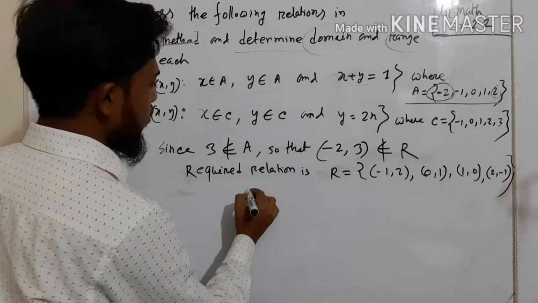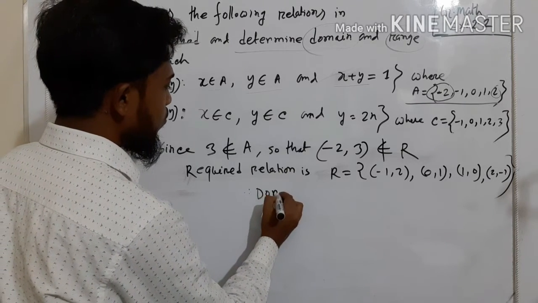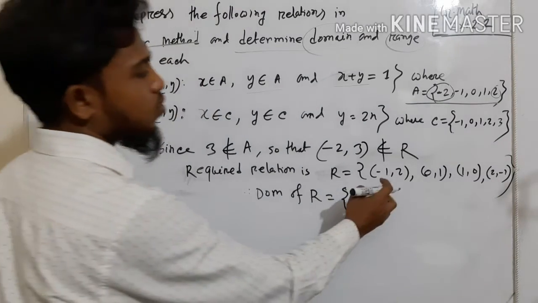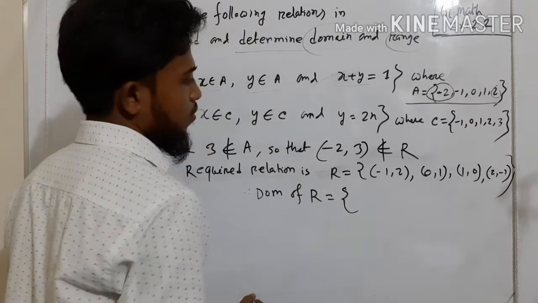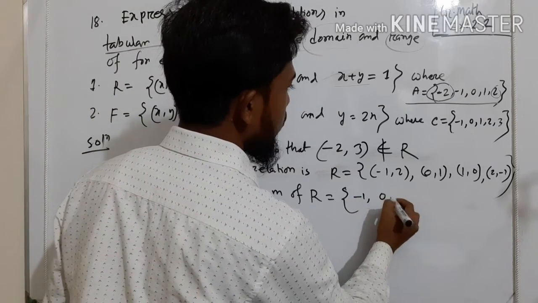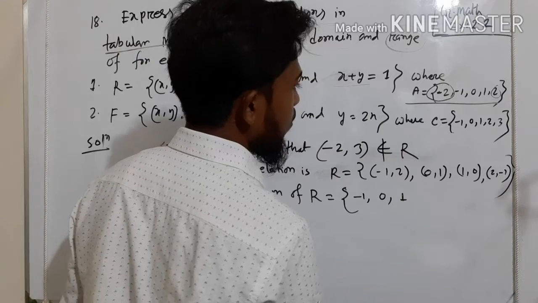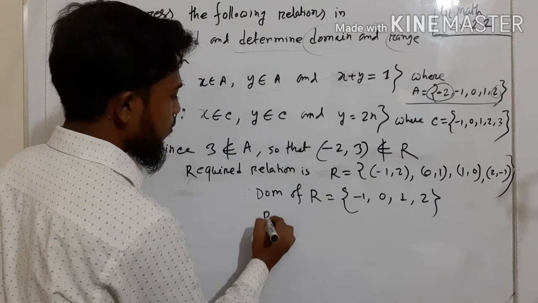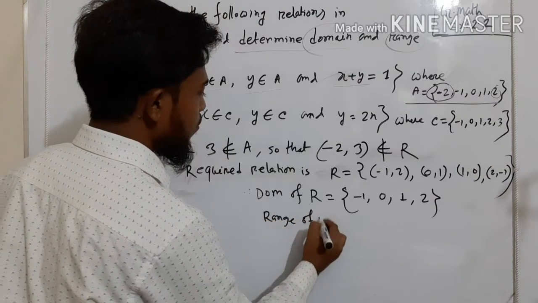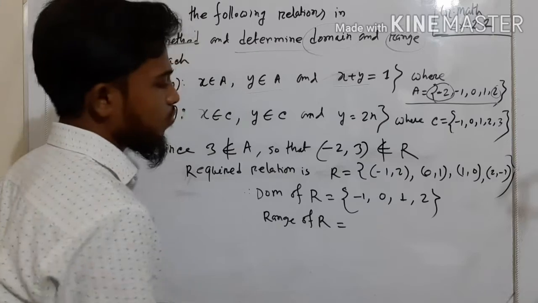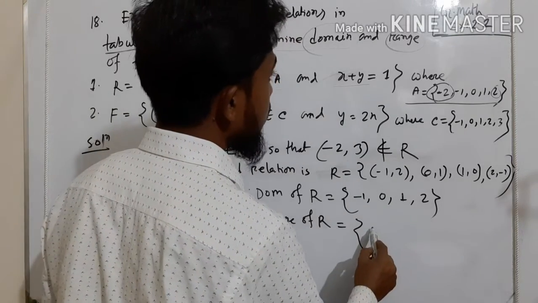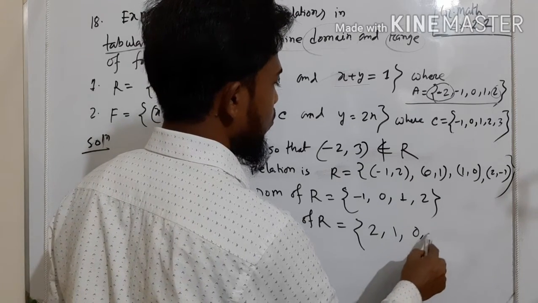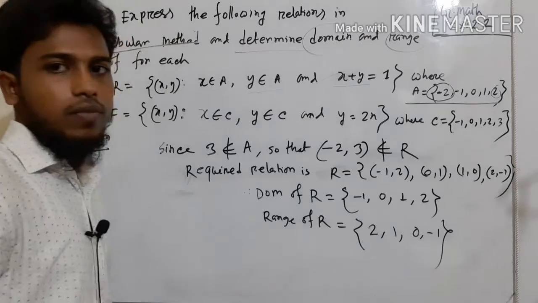So domain of R equal to the first elements, {-1, 0, 1, 2}, and range of R equal to, we can write, {2, 1, 0, -1}. This is our answer.